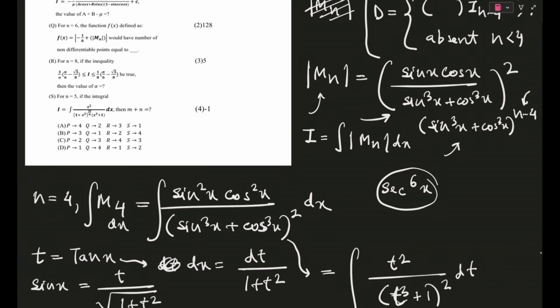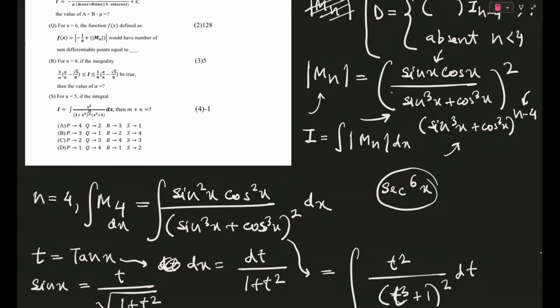So the second question says: for n equal to 6, the function f of x defined as f of x is equal to mod of minus 1 by 8 plus mod mn. Now one thing, don't get confused. The inside mod mn doesn't mean modulus. The inside mod mn means the value of the determinant mn that we are getting, that means this expression.